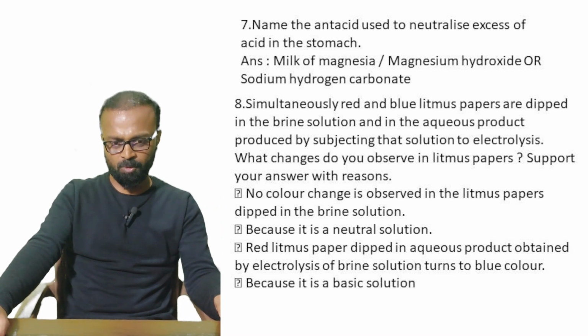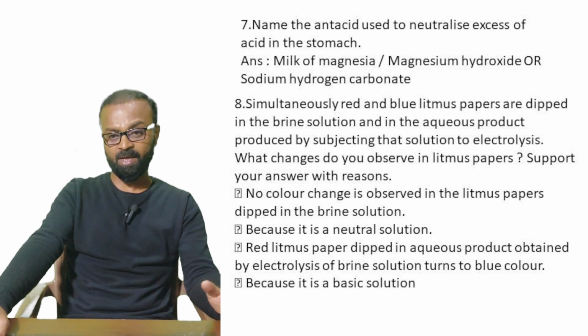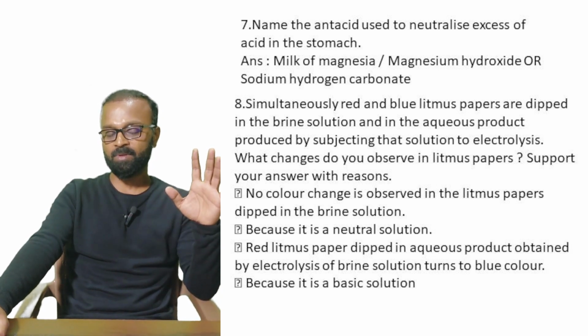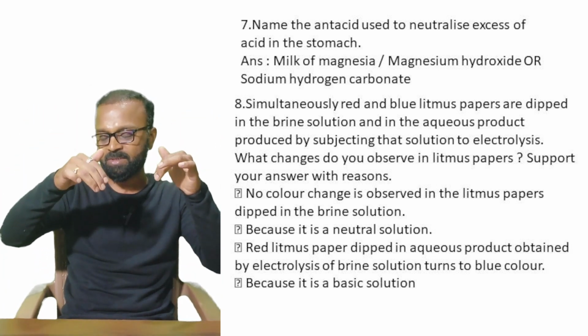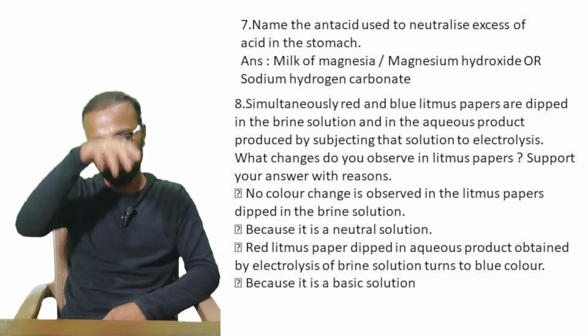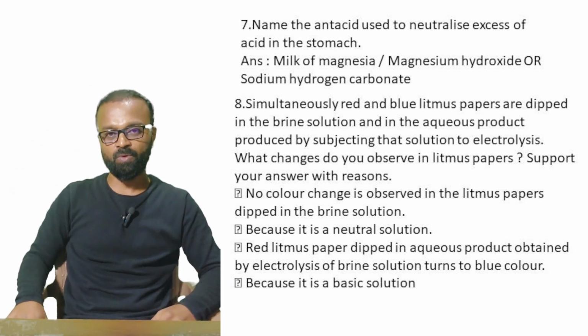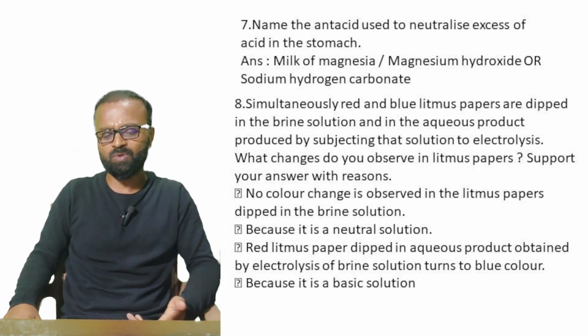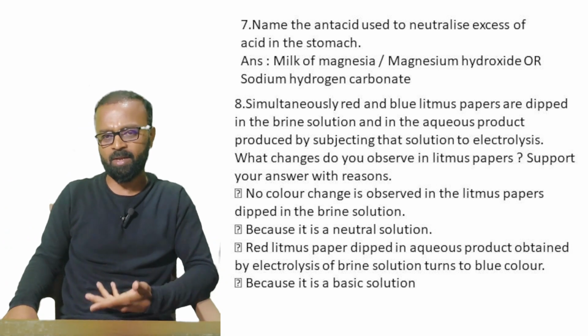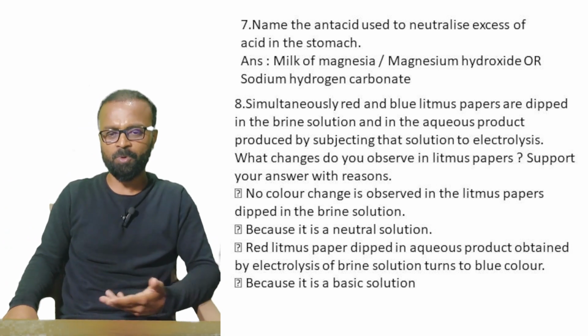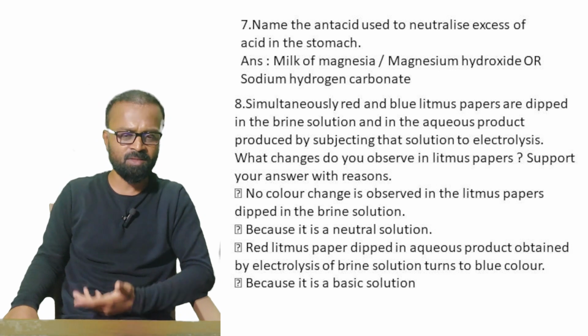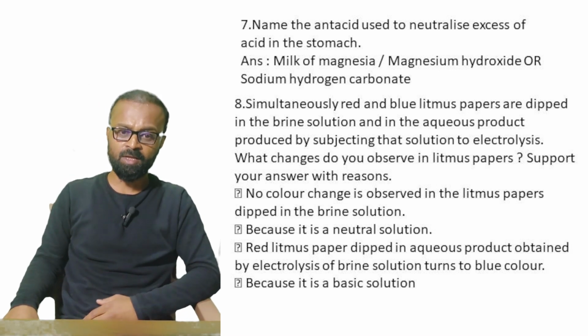Now here the question is, when we dip both the litmus papers in the brine solution, that is the aqueous solution of sodium chloride, there is no change in color, because sodium chloride is neither an acid nor a base. It is not producing any sort of H plus or OH minus ions. Definitely there will be no change in the color. Why?